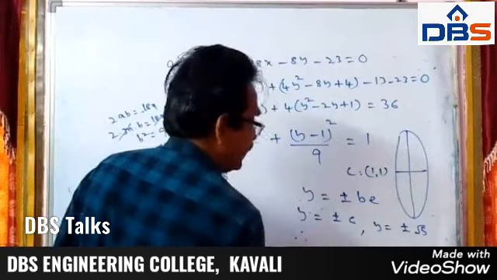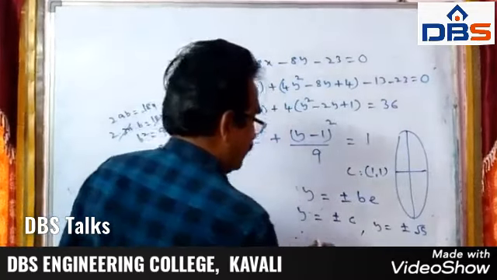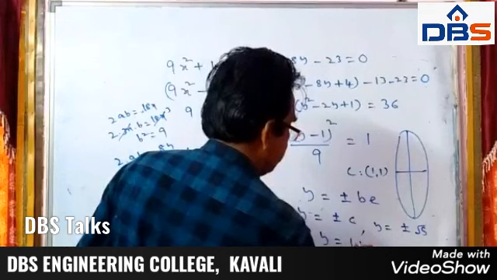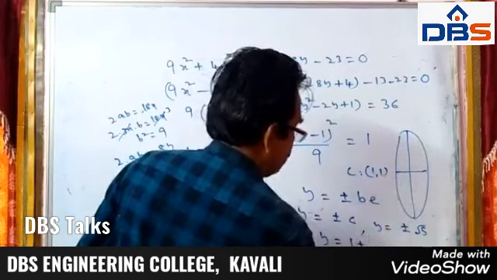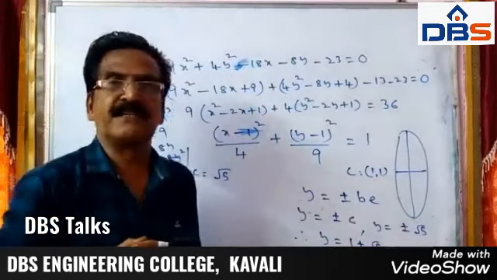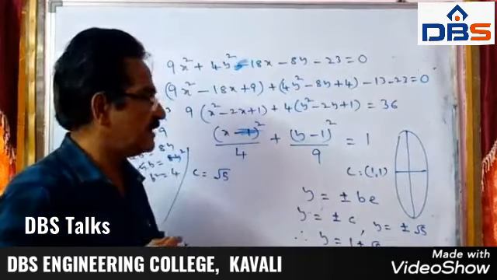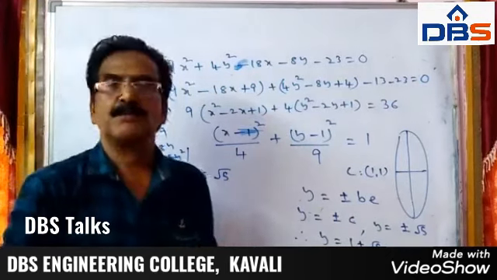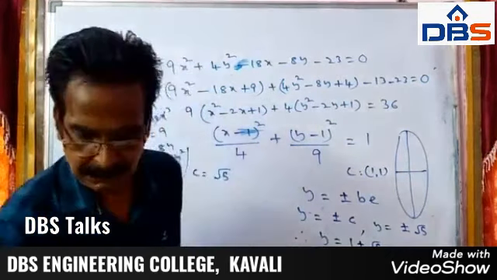So therefore the equations of the latus recta are y is equal to 1 plus or minus root 5. That is, 1 plus root 5 is one equation, 1 minus root 5 is the other equation. Friends, let us do some more problems tomorrow. Thank you.